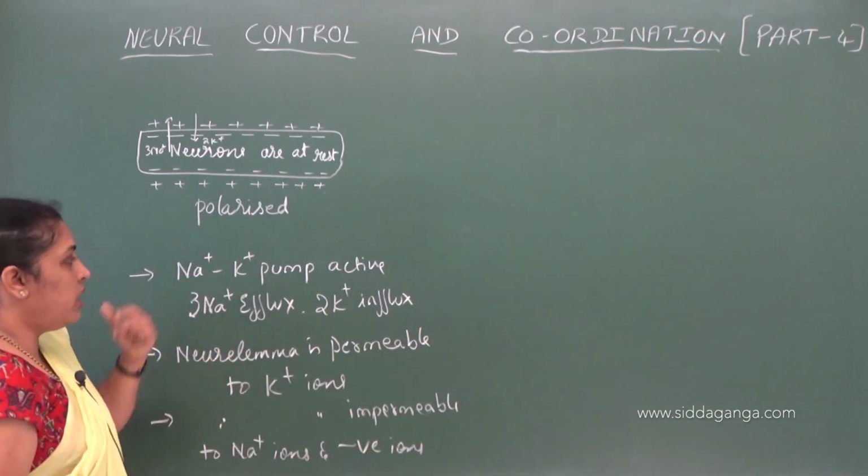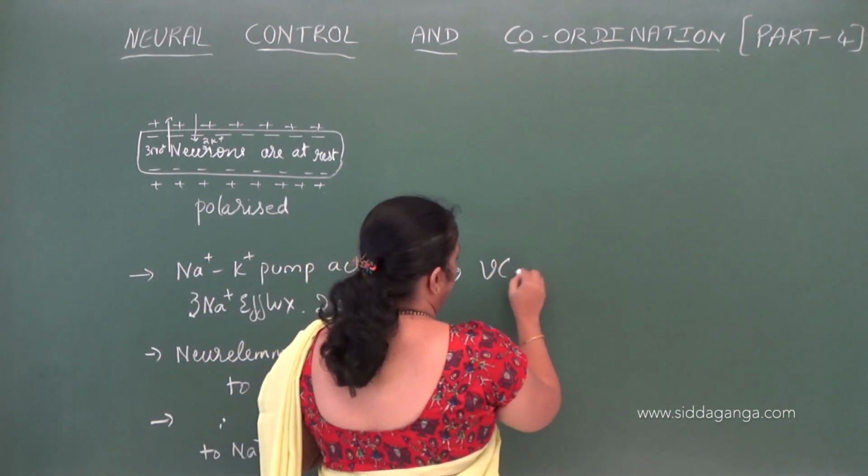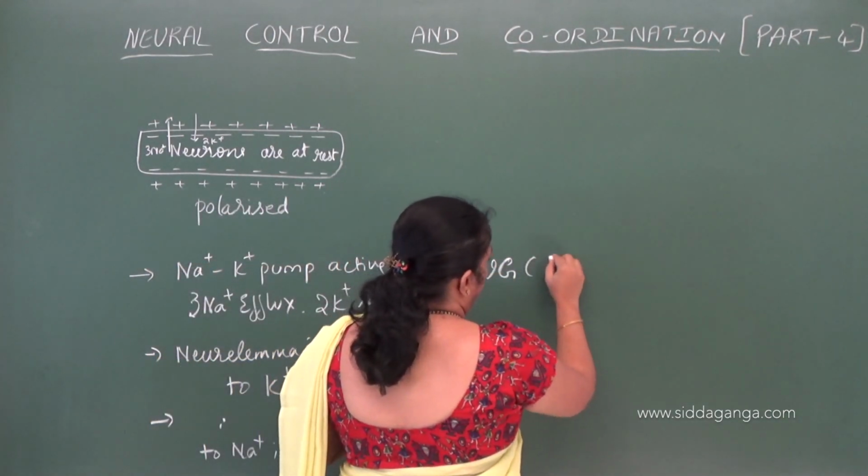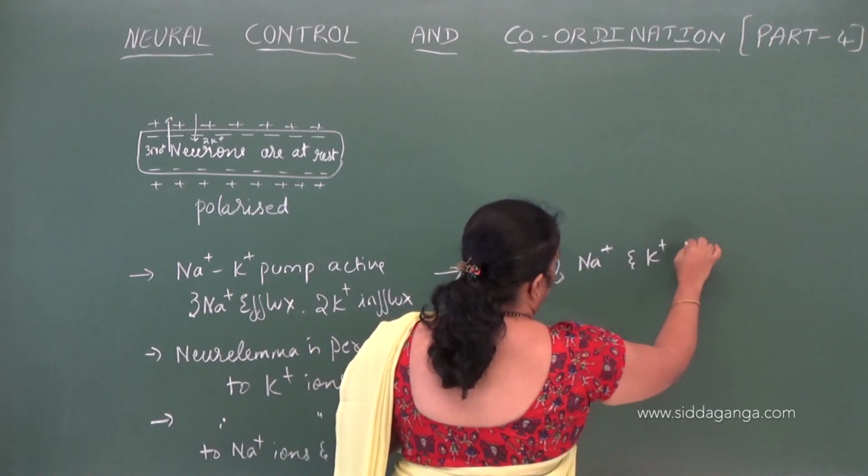So due to this, and also you can write one more, voltage gated channels of sodium and potassium are closed.